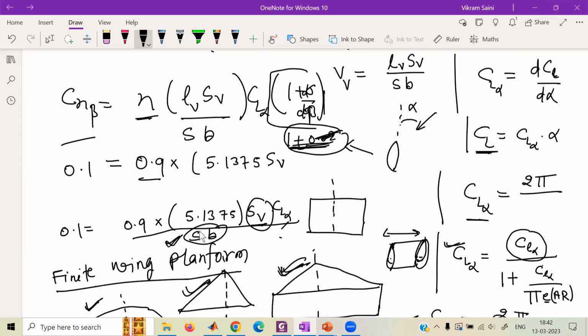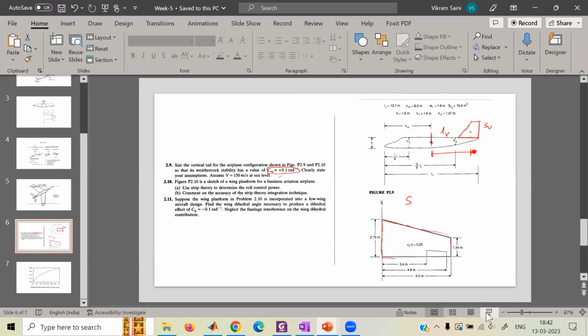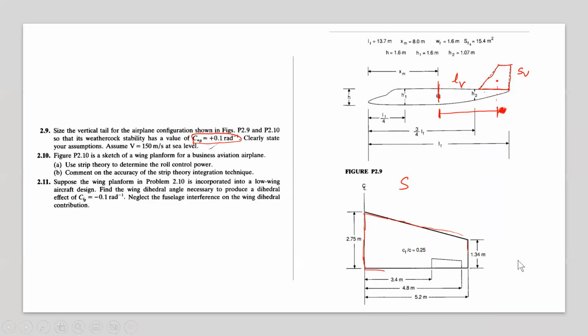So this number SB will be available to you when you are at the stage when you design this vertical tail. Okay, so how do we find out these numbers? From here. So quickly give me the area and B, S and B for this wing. And this is one part of the wing. The other part is just the copy of this. So keep in mind that to compute the span, you have to consider the entire aircraft.